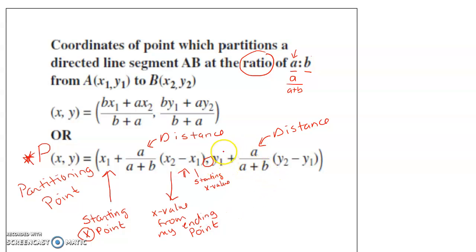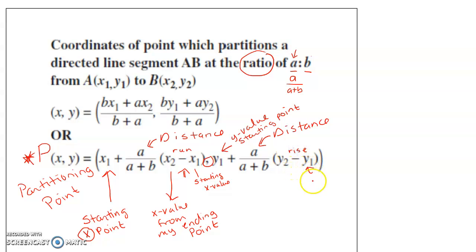After the comma, we start all over again, where we have the Y value from the starting point, we again add our distance times our rise. This is a run, remember? And this is our rise.